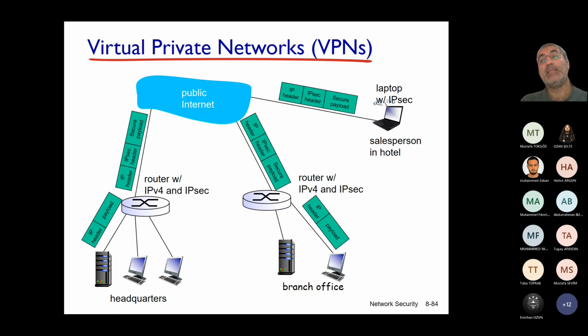In this case, even in the public internet, it goes as logically separate traffic, separate from the normal regular internet traffic. So let's say we have a branch office, another branch in another city or country. It receives this encrypted IP packet through the router, which has an IP security feature.